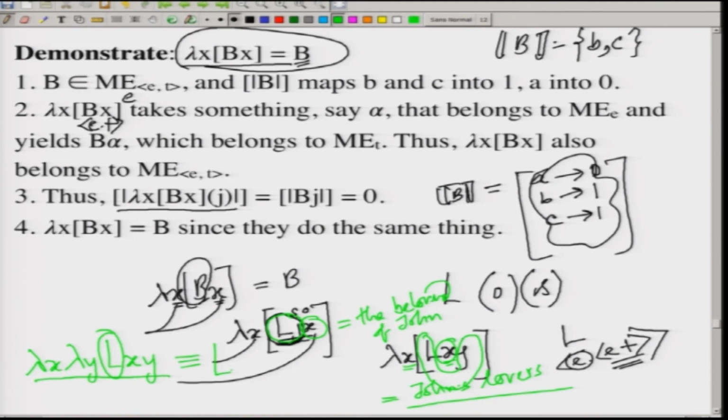This is the beauty of lambda expressions. Without having lambda expressions, we could not differentiate all the levels of this one function L x y.